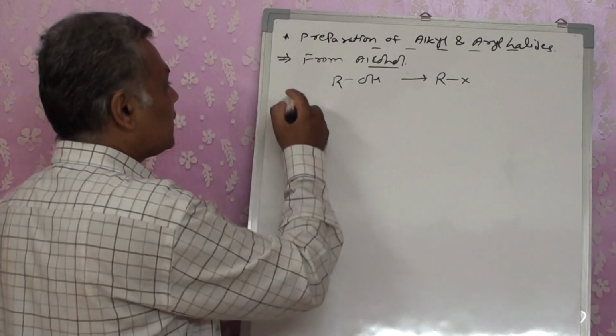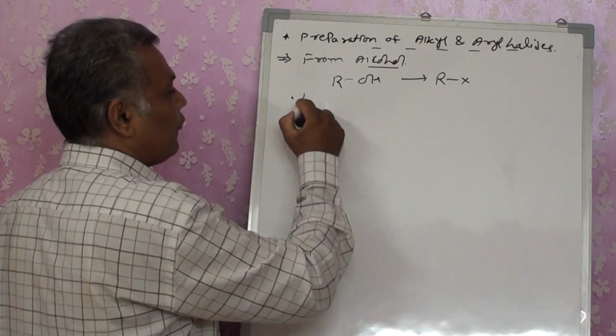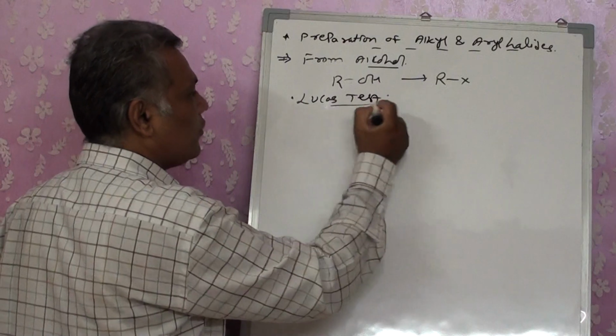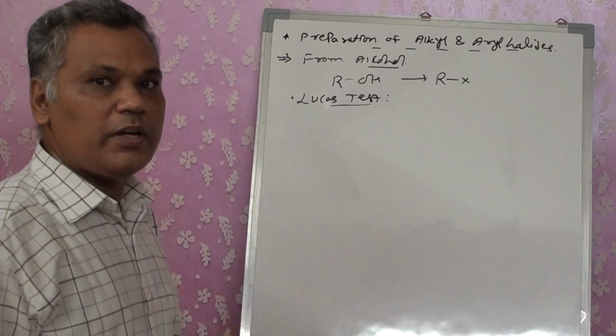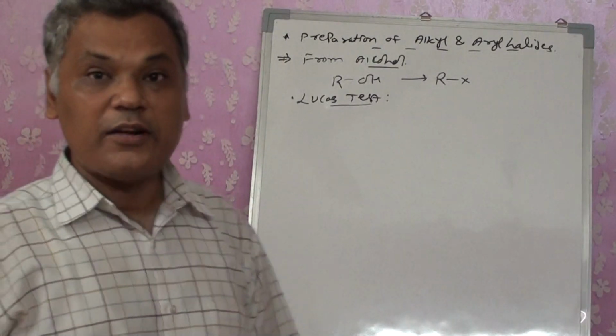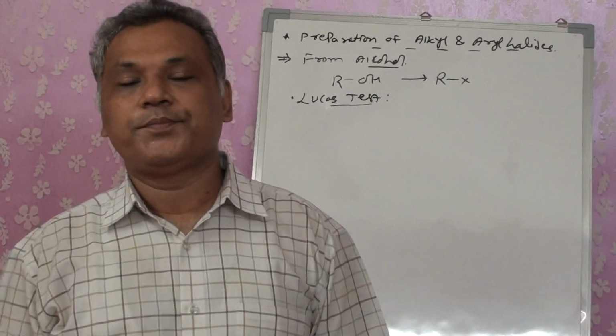Now what are the methods that we have? The first one is the Lucas test. As I already told you, don't study it only as a preparation. The Lucas test itself can be asked as a question. What is the Lucas test?